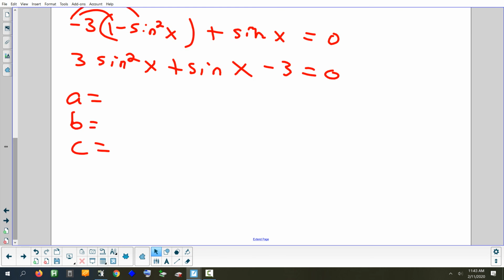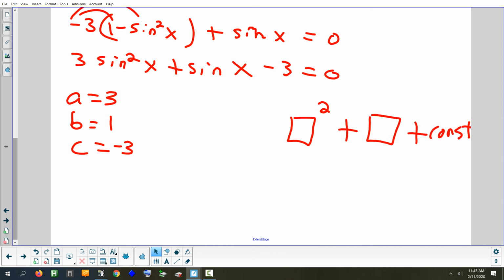So what's A in this case? 3. B? 1. C? Now, remember, when you have a quadratic, you usually have something squared, plus something, plus a constant.